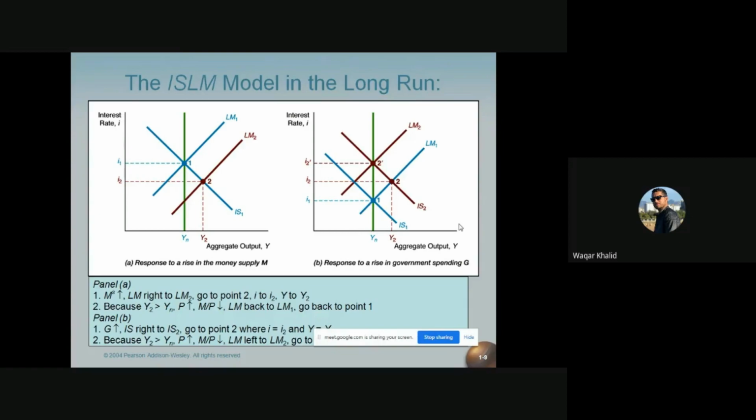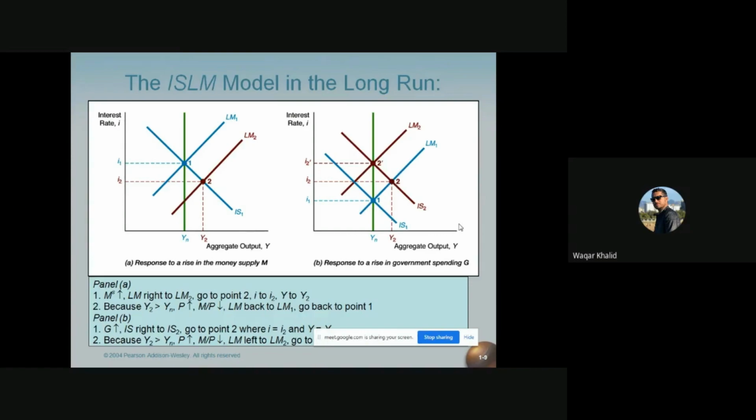Very simply, the real money balances begin to fall, because we can write real money balance equal to M over P. If P is increasing and M is constant, it means that real money balances decrease. So if the price level begins to rise, the real money balances begin to fall.